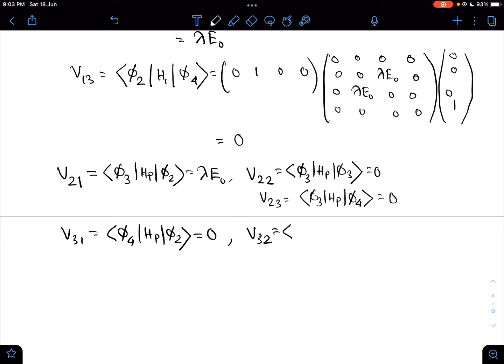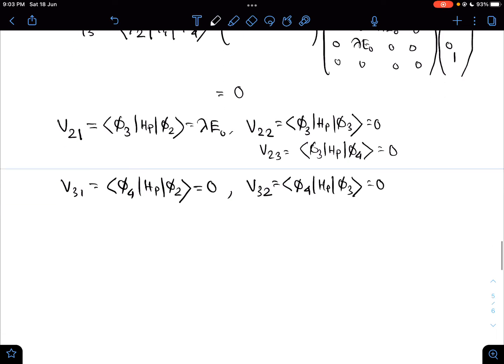So V32 is phi 4 HP phi 3, which is 0, and V33 will be phi 4 H, so this is H1, it is basically the perturbative Hamiltonian. So we have here phi 4, which will also be 0.